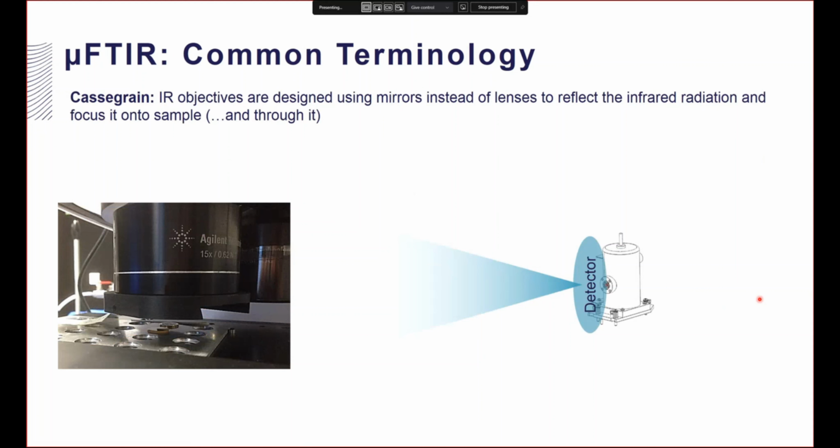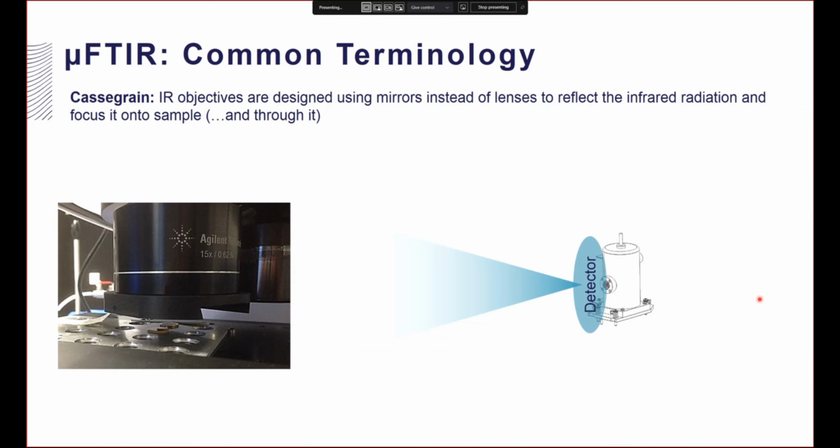When we work with infrared microscopes, as I mentioned, we don't have refractive lenses, like the lenses we have in an optical microscope. We have a different type of objective that is called Cassegrain. It's a terminology common also to people working in astronomy, because some telescopes have a Cassegrain configuration.